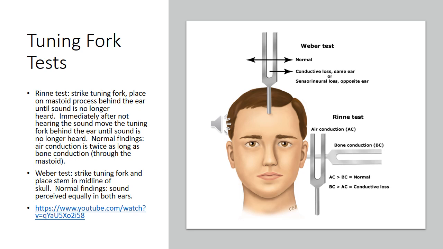Normal findings should be air conduction is twice as long as bone conduction through the mastoid. With the Weber test, strike the tuning fork and place the stem in the midline of the skull. Normal findings should be the sound is perceived equally in both ears. Click on the video embedded in this PowerPoint for further explanation of the tuning fork test.